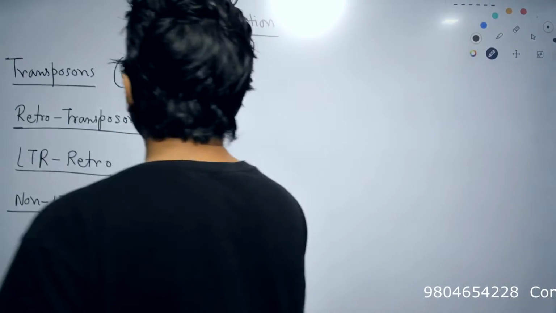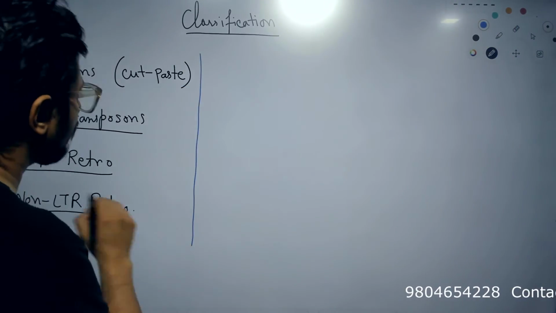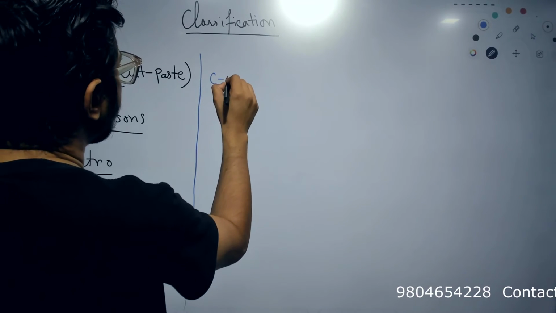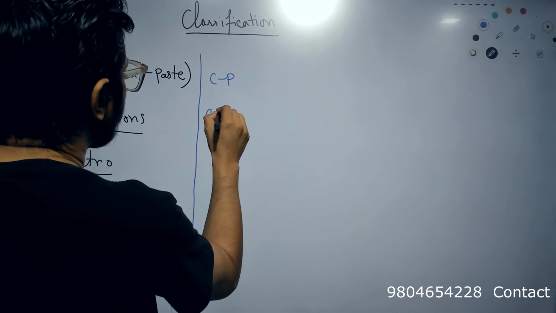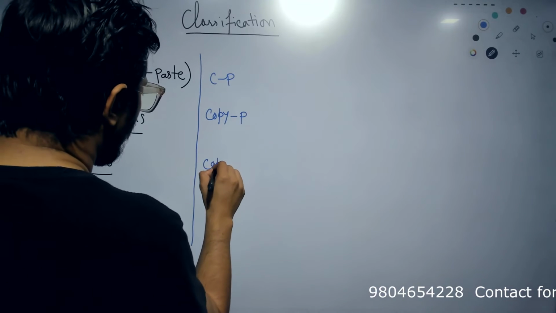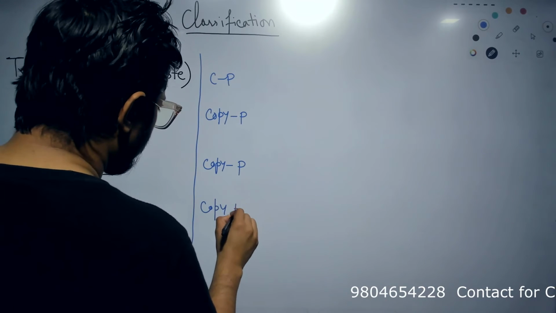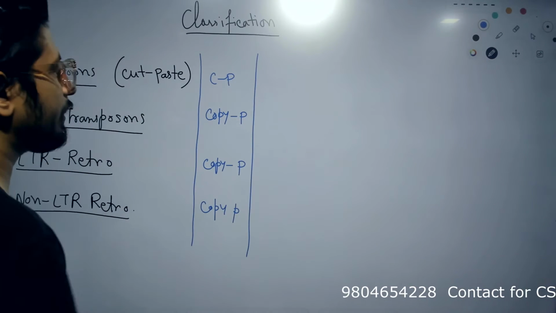Now among these four types, I am going to give you an idea about the examples involved. So we know the mechanism. This is cut-paste, and these are copy-paste. What are the differences between all of them?